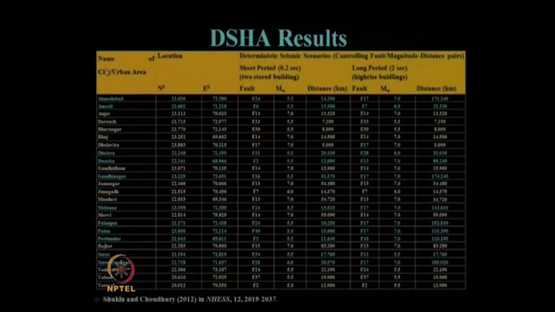Now, we will continue further in today's lecture on how we can obtain the deterministic seismic hazard analysis results. So, we know how to estimate the seismic hazard analysis result. Now, let us apply it for the selected 25 urban cities. Let us look at this slide. These are the 25 cities, or 25 urban areas, for which we are doing the deterministic seismic hazard analysis.